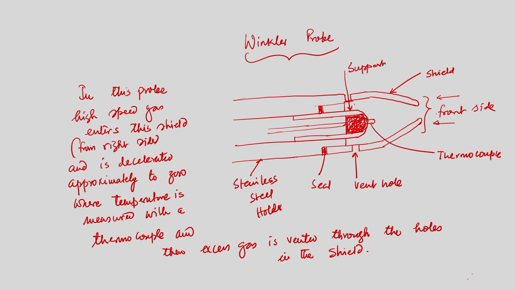From the schematic, the velocity will be decelerated approximately to 0 where the temperature is measured using the thermocouple, and the excess gas will be vented through the vent hole. So, this is the probe available to measure temperature in high speed flows.